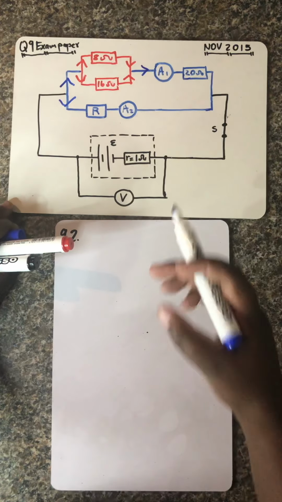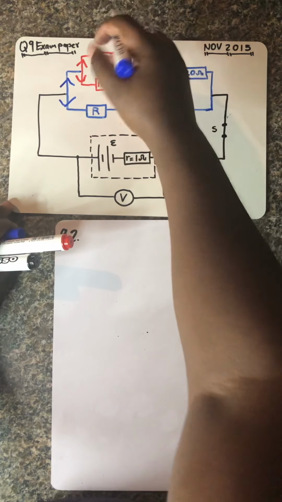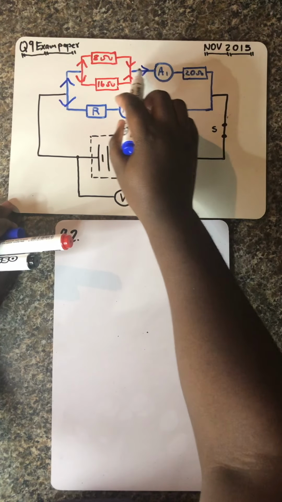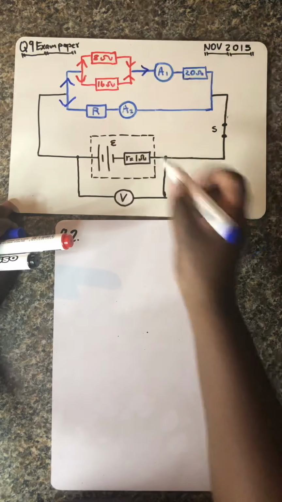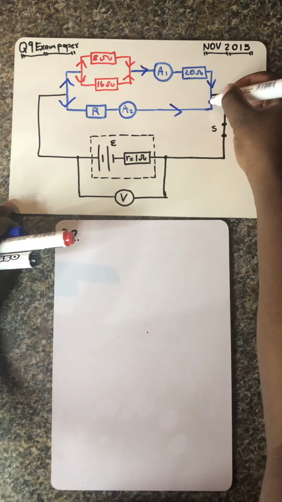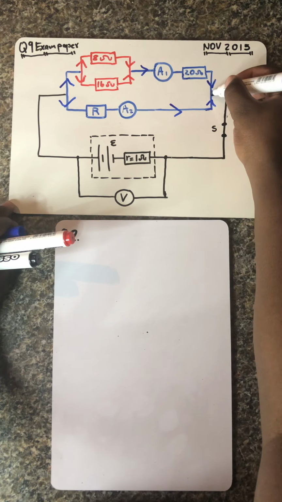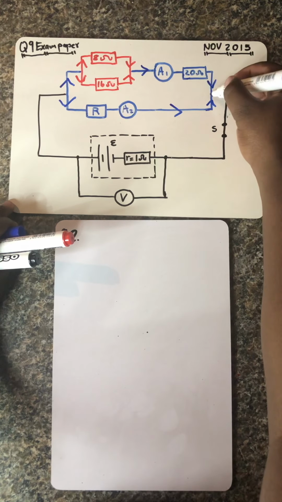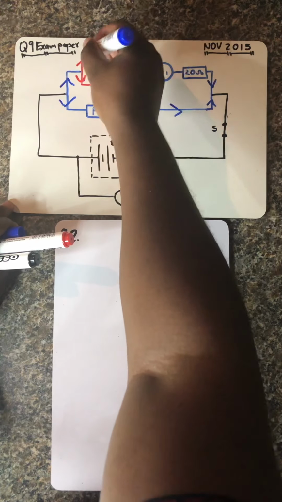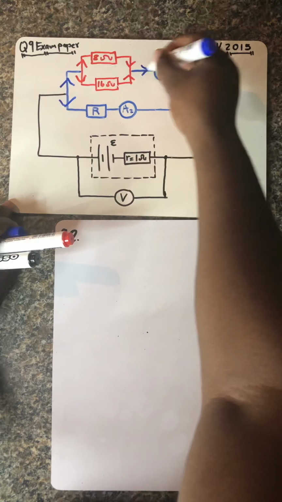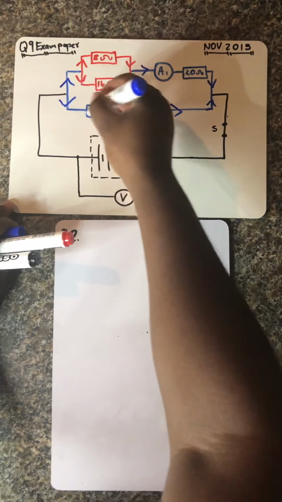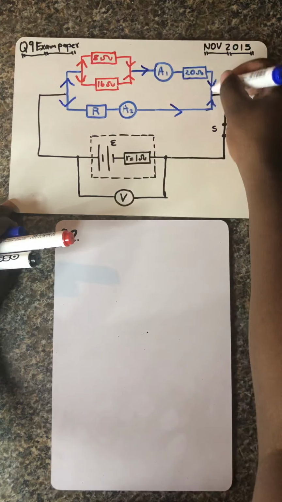So in short, the combination of the current flowing there and there is the same as the current flowing there. That current is going to pass through there and then it joins. As soon as it joins, it's that current which is the same. It splits, joins, flows, joins, and there is where it split and then it joins.